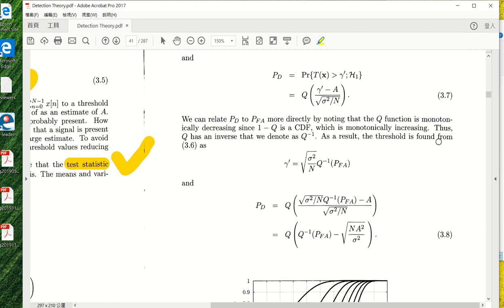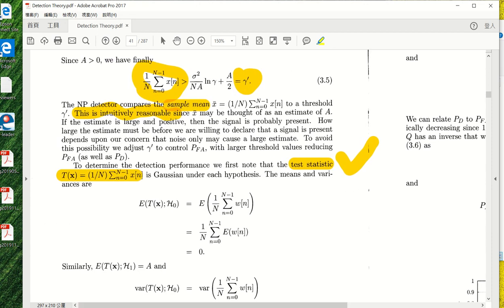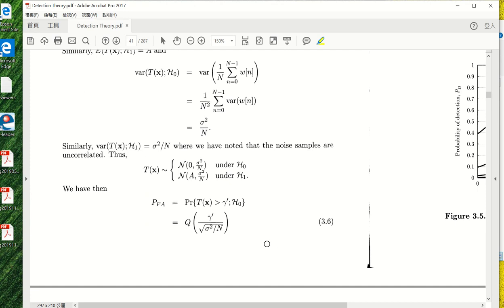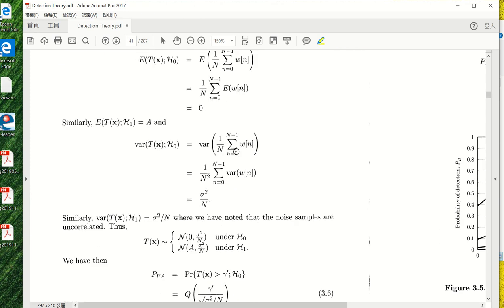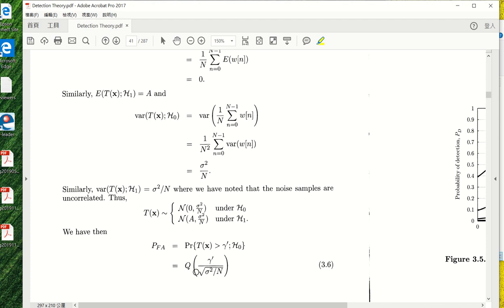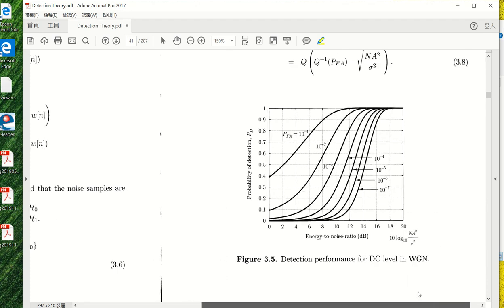As a result, the threshold is found from 3.6 as something like this. Right? Go back a little bit. We're looking at 68. Now you have a Q of this as PFA. Then you can take the inverse function, right? Take the inverse function of this and then take the inverse here.